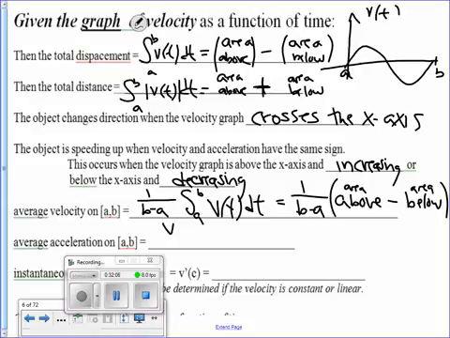So it's just the change in velocity, v of b minus v of a over b minus a. Like in my little drawing there, from a to b, even though the velocity's changing, what do you think the average acceleration would be? v of b minus v of a. Looks like it's going to be 0, right? It's the slope of the secant.